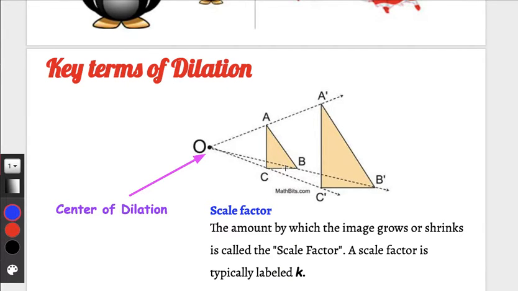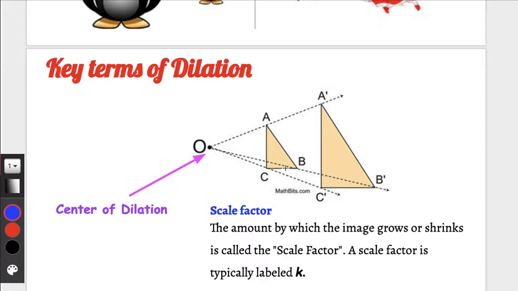Another one you will often hear is called the scale factor. The scale factor is the amount by which the image grows or shrinks. It's kind of a ratio. For example, you take a picture when you are going to graduate and you want to make it larger so you can put a beautiful frame on it and put it at home, or you can shrink the picture to a very small size so you can put it in your wallet.